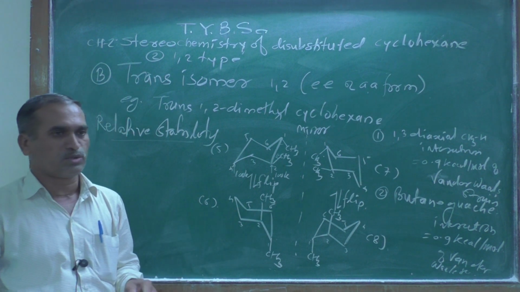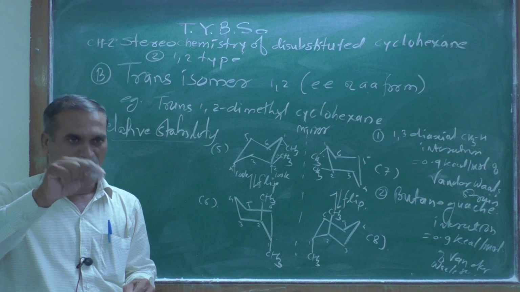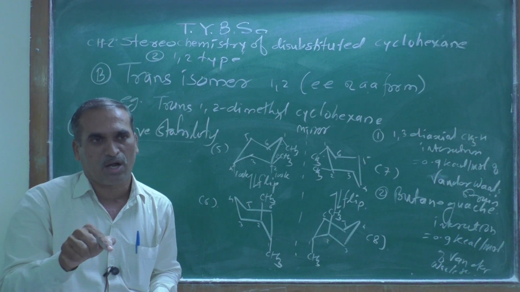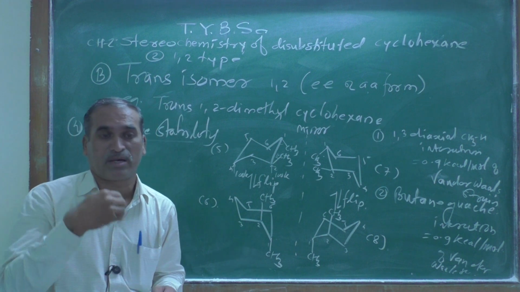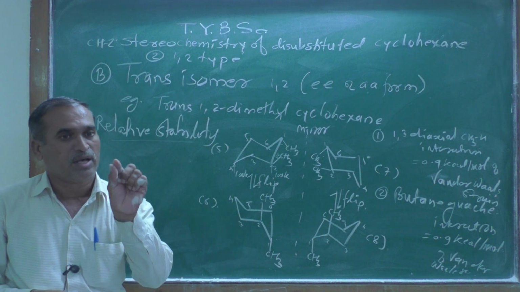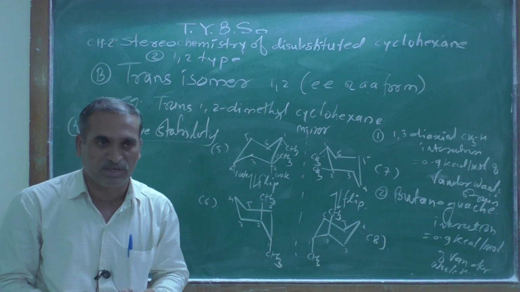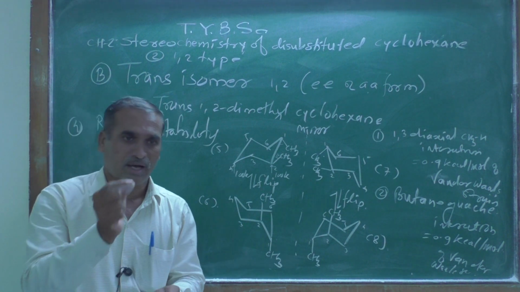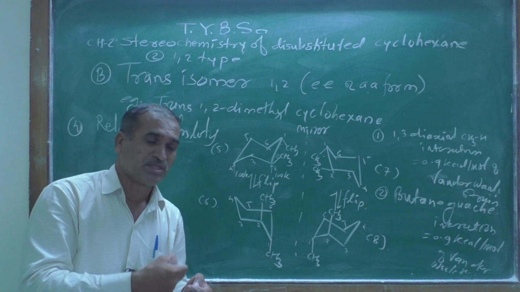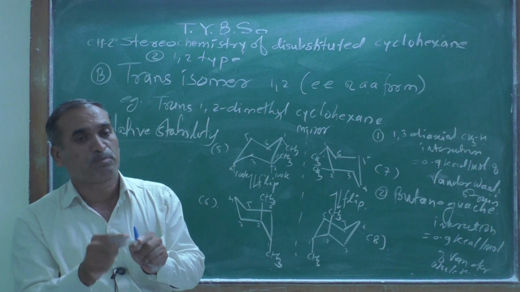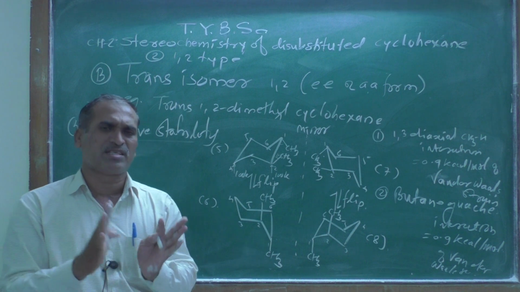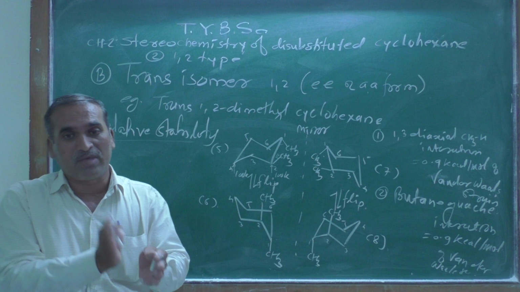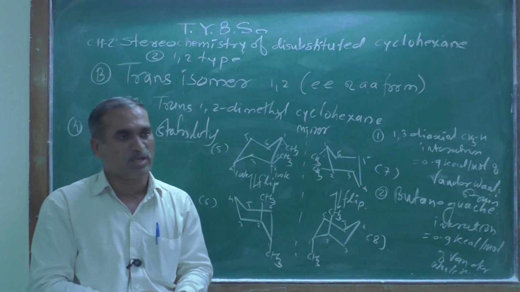According to that, one carbon atom we represent by a circle with a point, and draw the circle around; that is the rear carbon atom, means back carbon atom, and the circle point indicates the front carbon atom, and the remaining groups are attached, some up to the center, some only up to the periphery.